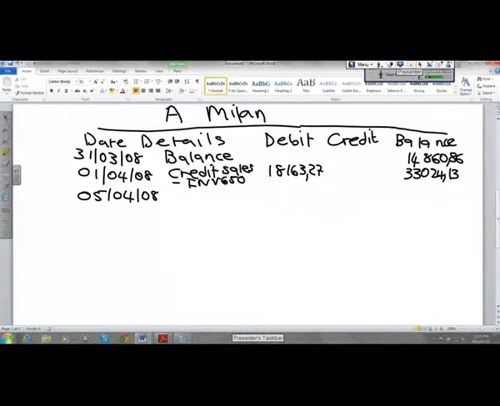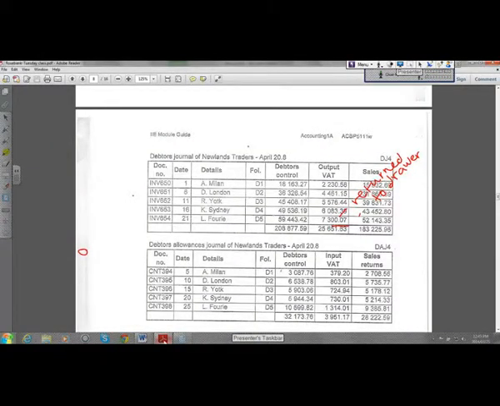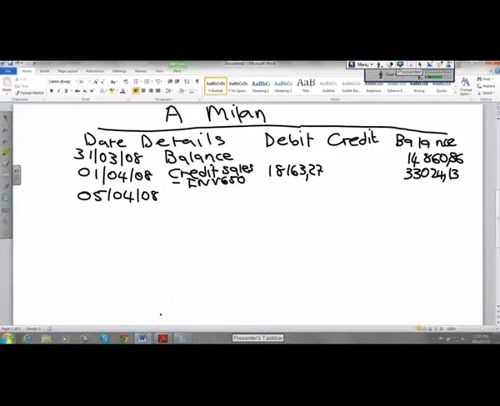So let's go and look at the credit note number. Okay, CNT 374. Okay, we're going to label them as sales returns.